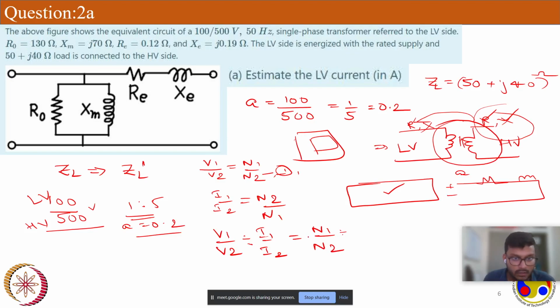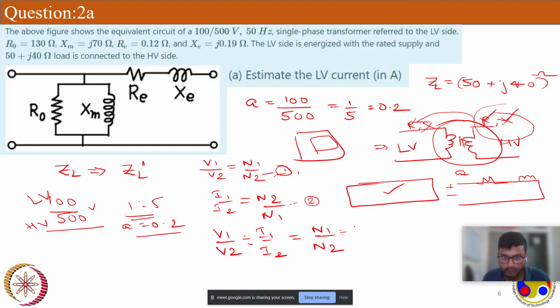What is second equation? This one, current. Yeah, we are trying to get a relation between impedances, because we know voltage and current relation with the turns ratio, but we are trying to refer impedance here. You will see why the second equation came into picture.